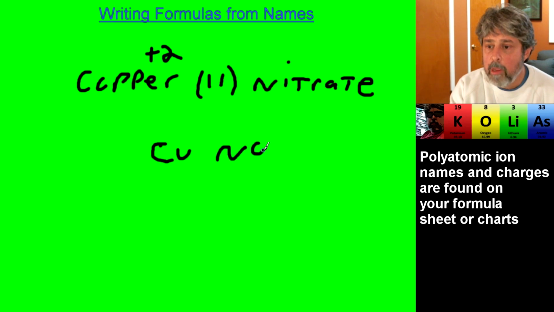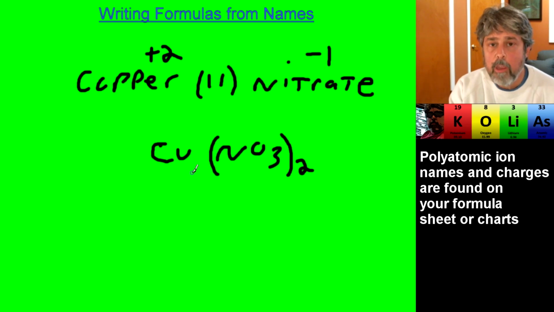Nitrate is NO3, that has a -1 charge. Let's crisscross. The 2 from the copper is going to go on the outside of the nitrate. We'll put it out here. And the 1 from the nitrate is going to cross here, but again, we don't write 1s. Here we go. Copper(II) nitrate. That's how we write these.